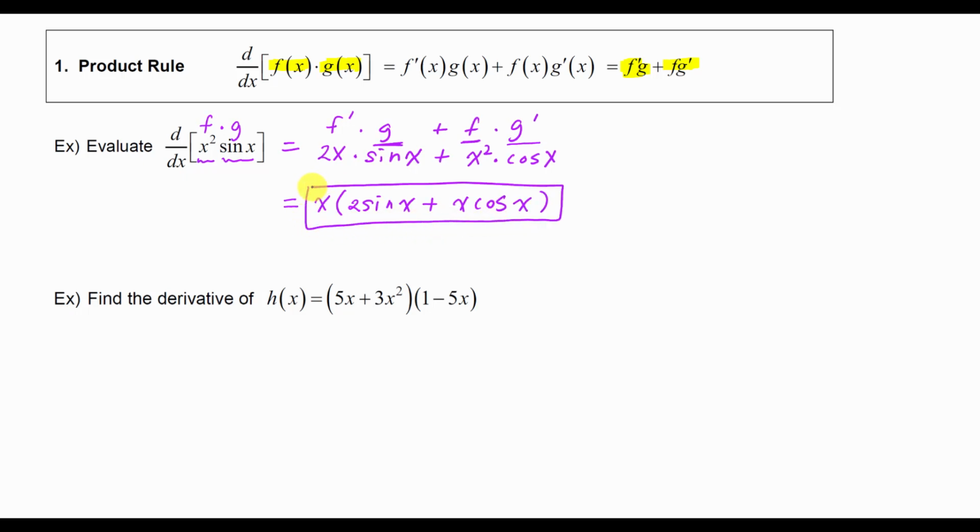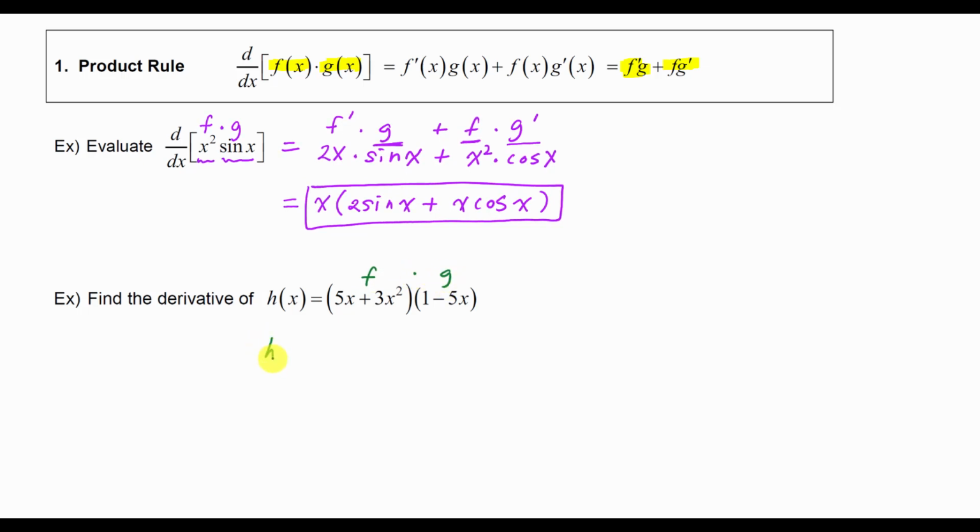Do you understand? All right, find the derivative of h of x, where h of x is 5x plus 3x squared times quantity 1 minus 5x. You could multiply this out and make a polynomial and then take the derivative, then factor it. But because it's a product of two functions, it's okay to take the derivative using the product rule. So again, you can call this one f and you can call this one g.